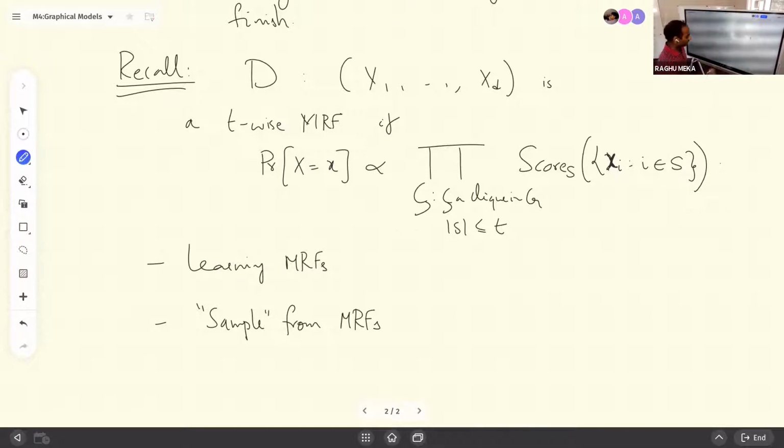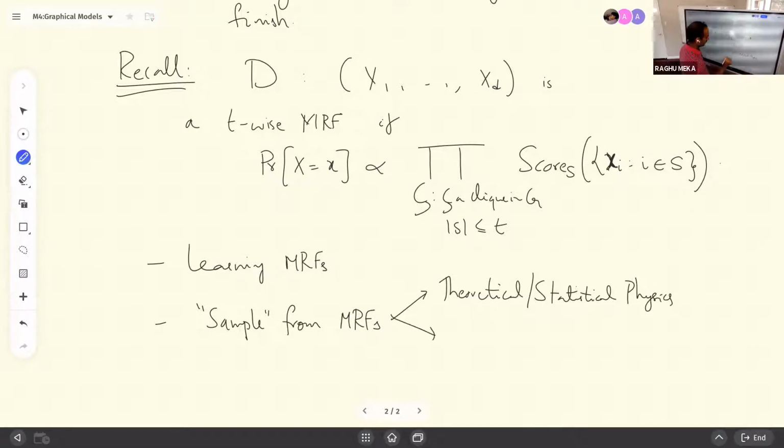And there's a lot of work in theoretical physics, statistical physics on this. And information theory.